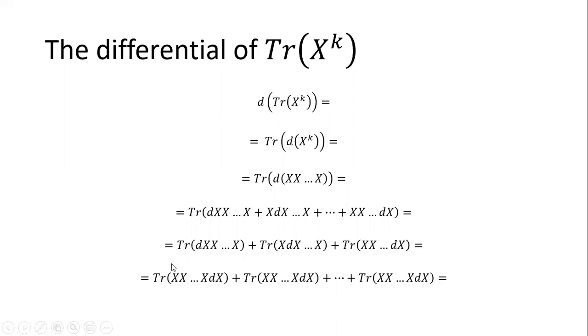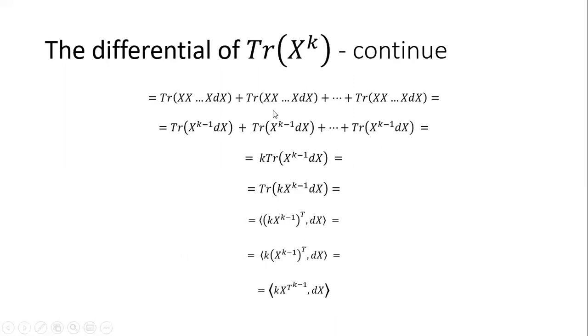So we have k elements in the sum. Each element of the sum is x to the power of k minus 1 multiplied by the differential of x. So we get the trace of x to the power of k minus 1 multiplied by the differential of x. And as I said earlier, we have k elements like this in the sum. And then we can write that this sum is k multiplied by the trace of x to the power of k minus 1 multiplied by dx.